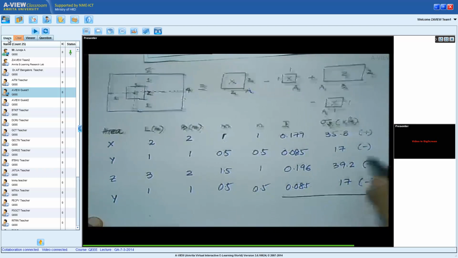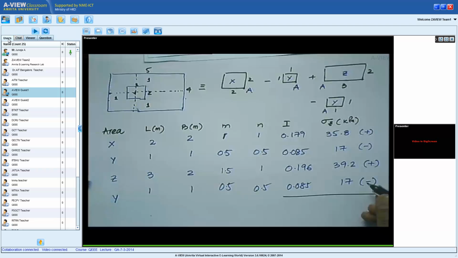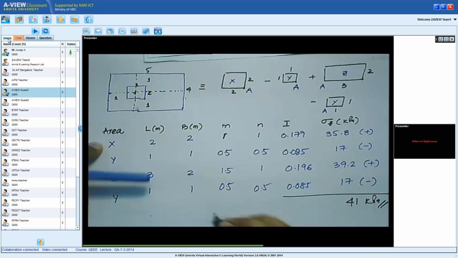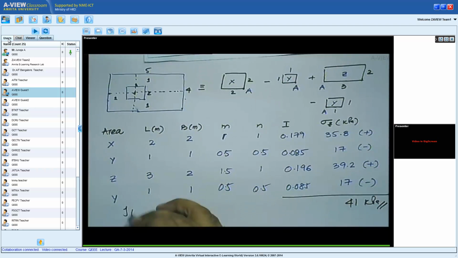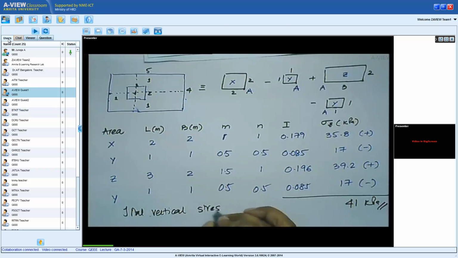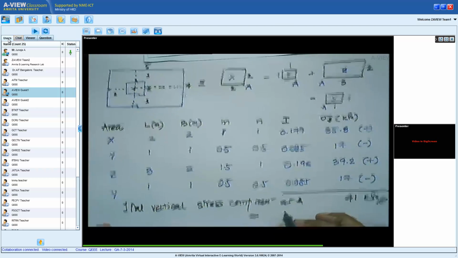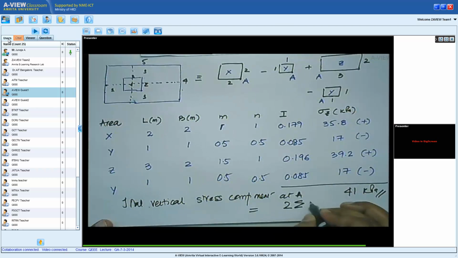If I add these up, 35.8 minus 17 plus 39.2 minus 17, I should get an answer which is 41 kilopascal. So the total vertical stress component at A should be equal to 2 times summation of sigma v.